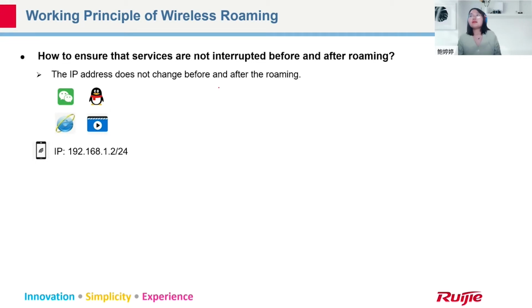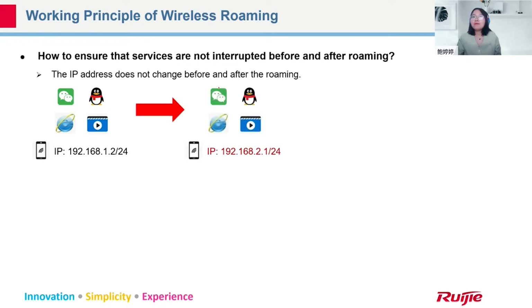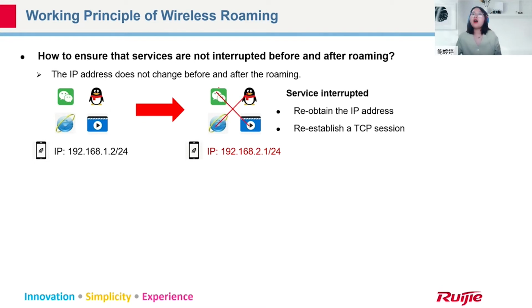And of course, maybe you have other applications, maybe open the browser or maybe open some YouTube, something like this. And during the moving, when the roaming happens, if your IP address changes to become 192.168.2.1, that means all the service will be interrupted because you have to get an IP address again.